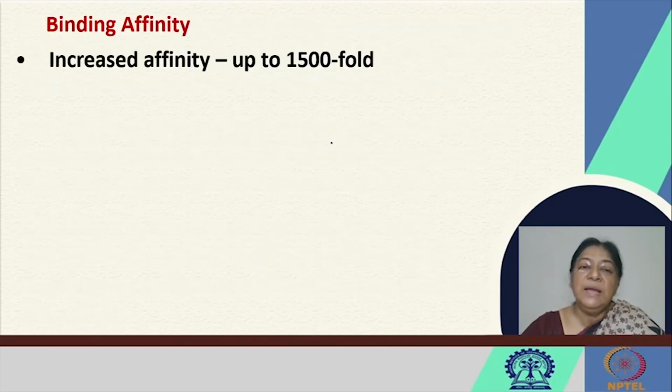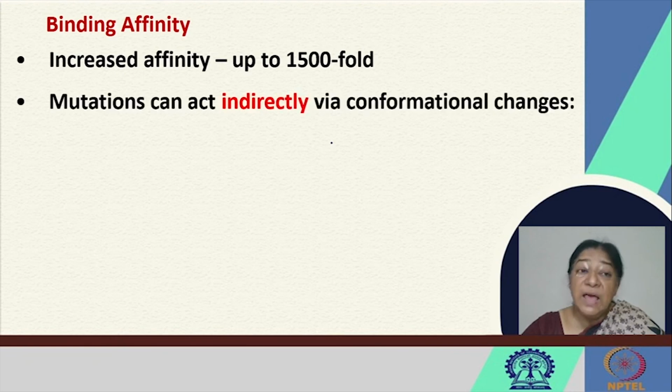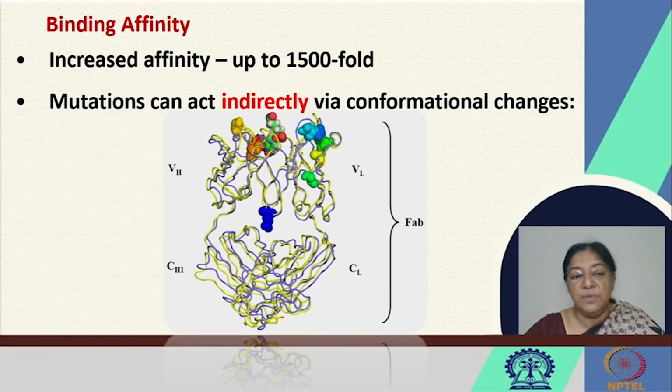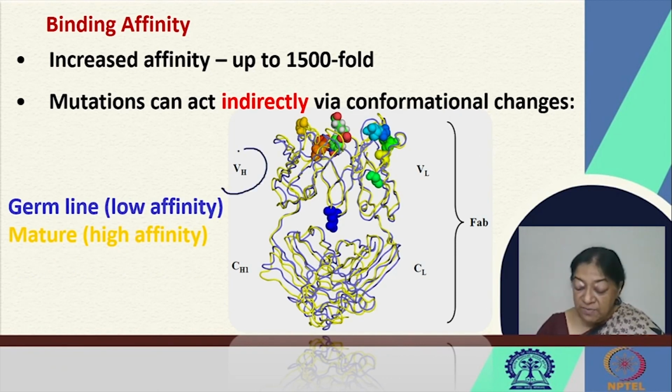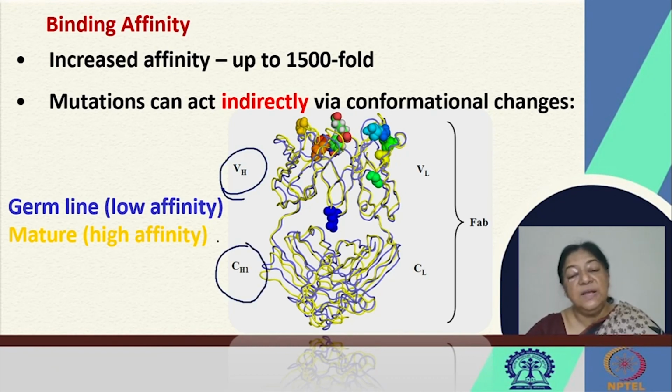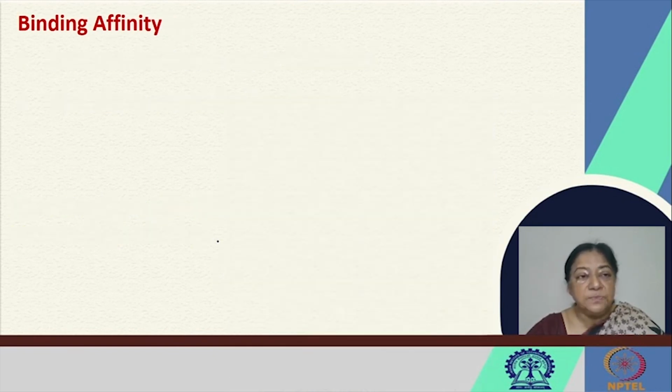When we look at the binding affinity, we can have increased affinity up to 1500 fold, and mutations can indirectly, via conformational changes, affect the binding. So we can have a high affinity or a low affinity binding depending upon what happens in the variable and the constant regions in the binding domains that we see.